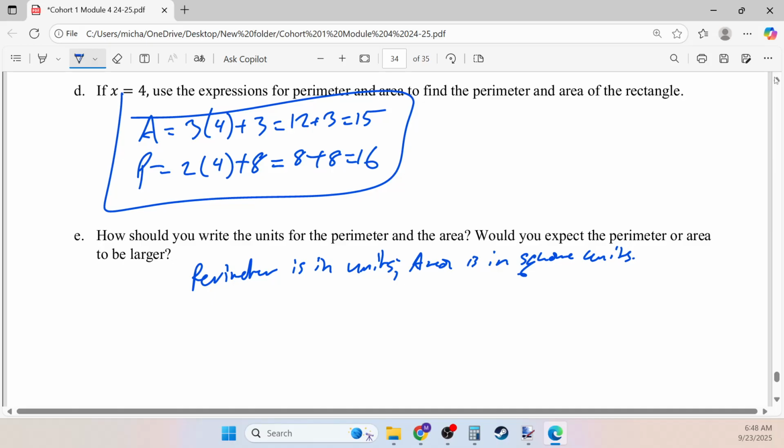And area equals 3x plus 3, perimeter equals 2x plus 8.